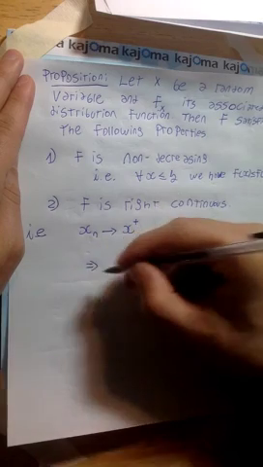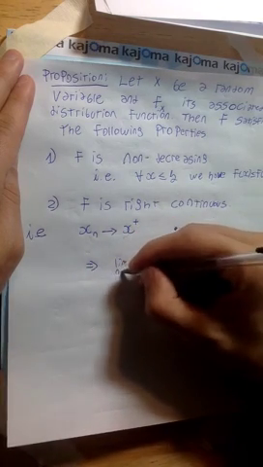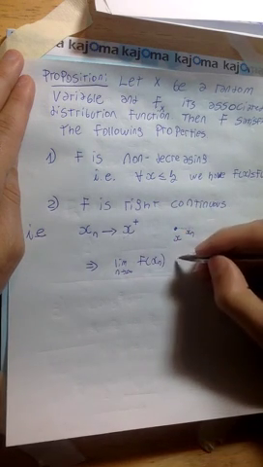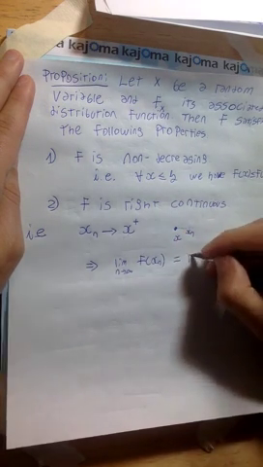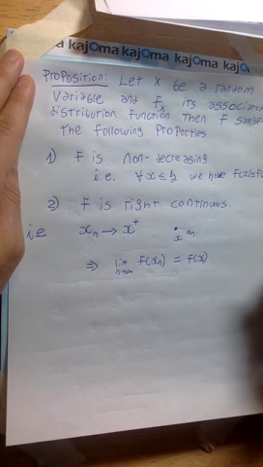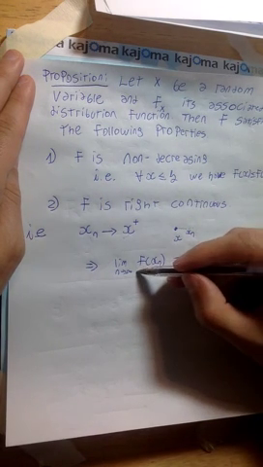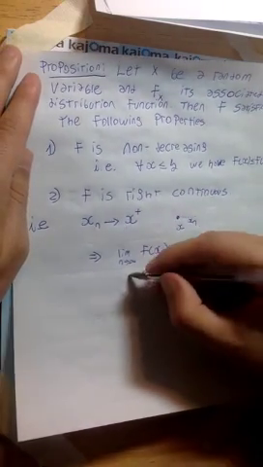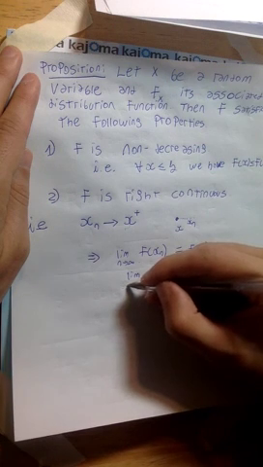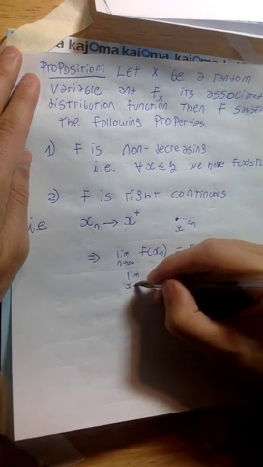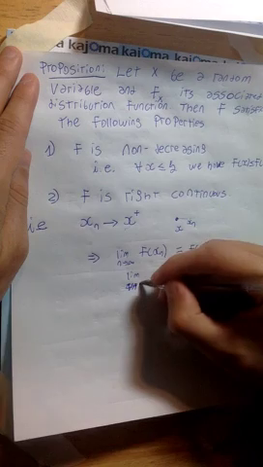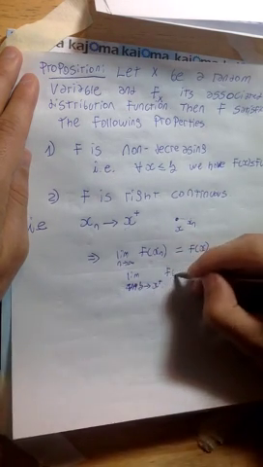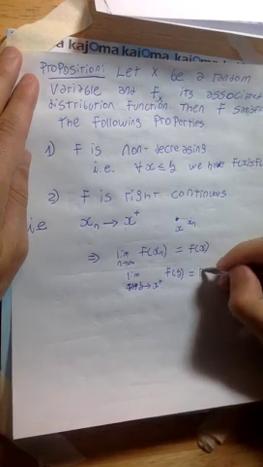Then the limit when n goes to infinity of F of xn is equal to F of x. Sometimes the notation for this in analysis is the limit when y goes to x plus of F of y is F of x.